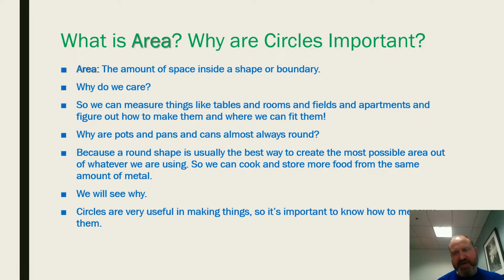A pot or a pan is made out of metal. You use the metal most effectively, we'll see, when you make it into a circle. Same thing with cans, where companies that make canned foods, obviously one of their big costs is aluminum. So they want to buy as little as they can to put as much food in it as they can. Okay, we will get to that. And let's move on.